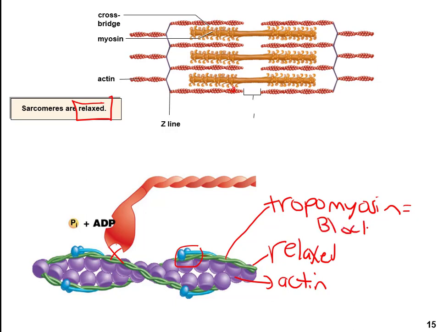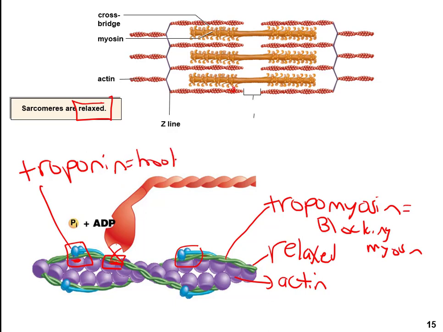The myosin golf club can't attach with this big chunky thing, tropomyosin, in the way. The blue thing is called troponin. Troponin are these little proteins that are hooked onto the tropomyosin. So while your muscle is in a relaxed state, troponin and tropomyosin are blocking the myosin from attaching and pulling the actin inward.